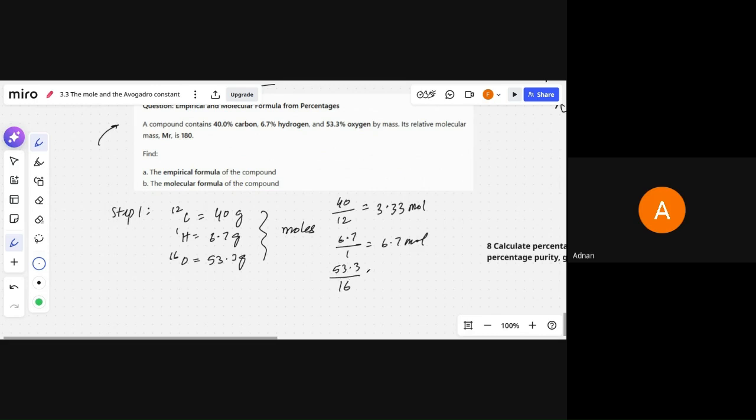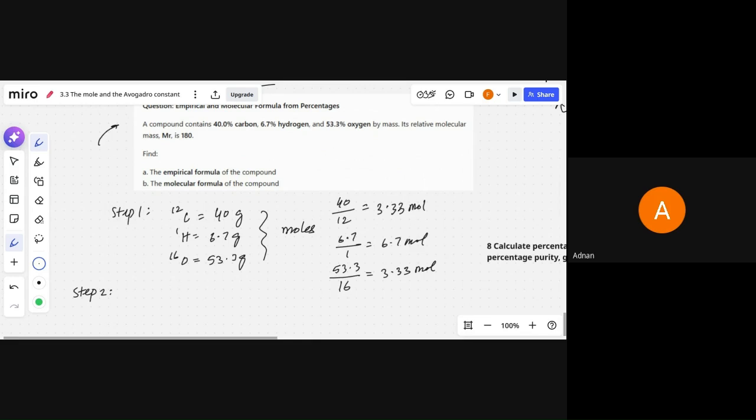Divide that by 16 and you get 3.33 moles. So this is step one. We assumed that the percentages are masses in grams, and we now change these masses into moles.